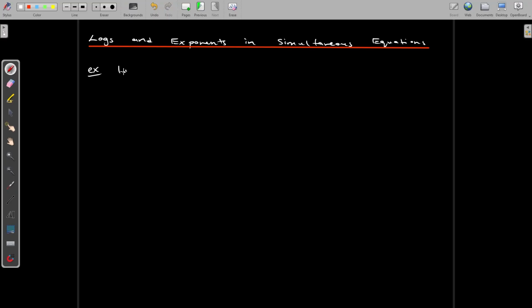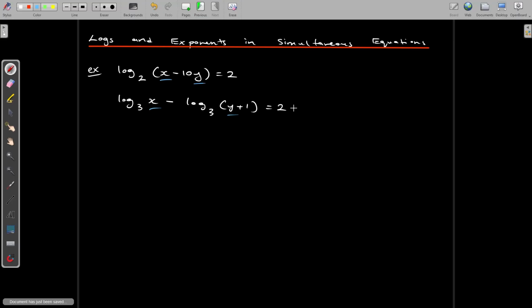Let's say we were given log base 2 of x minus 10y is equal to 2, and log base 3 of x minus log base 3 of y plus 1 is equal to 2. As you can see we have two variables in the question now: we have an x here, we have y, we have x, we have y. So we need to solve these simultaneously.